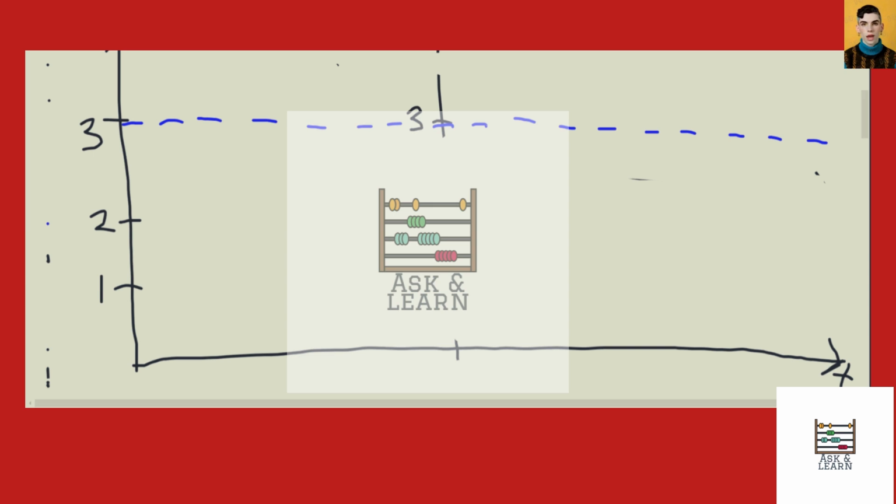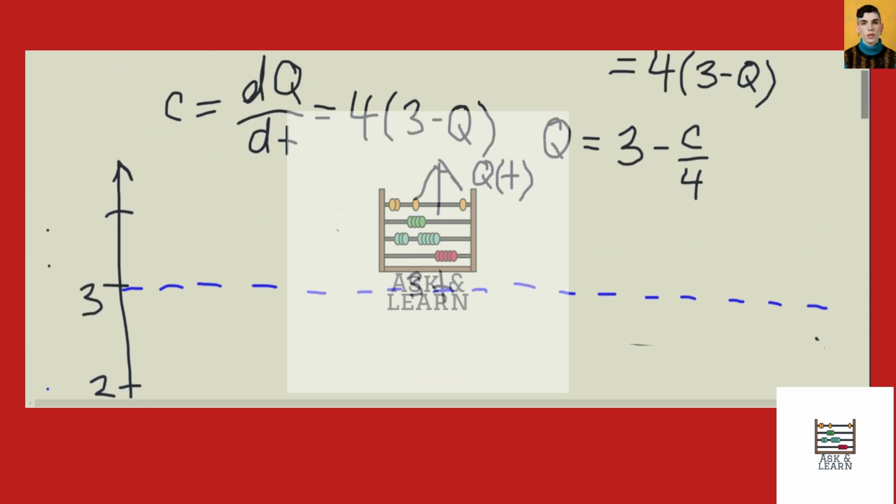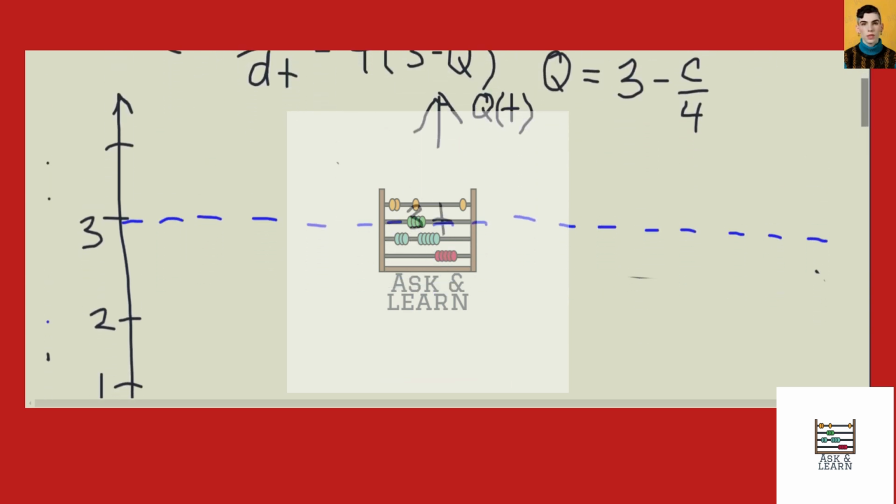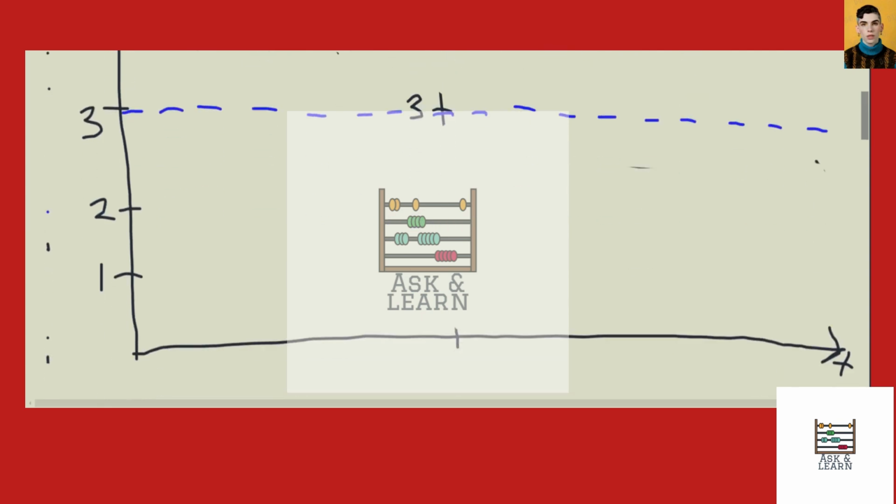Now, as I discussed, as we get further and further below the line Q of t equals 3, our slopes are going to get steeper and steeper. So if Q is equal to, say, 2, then we have C equal to 4. So already very steep slopes here.